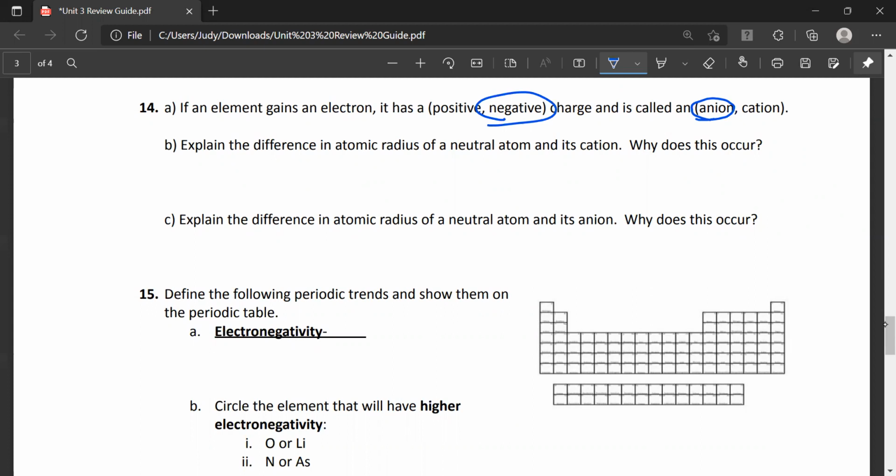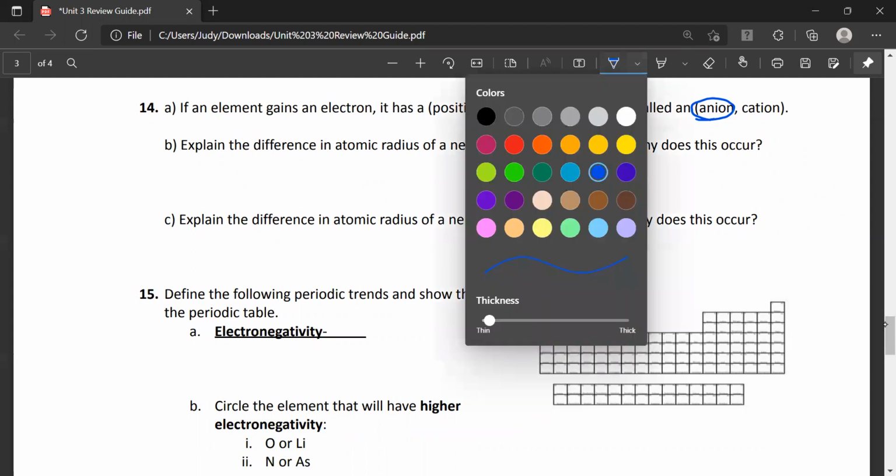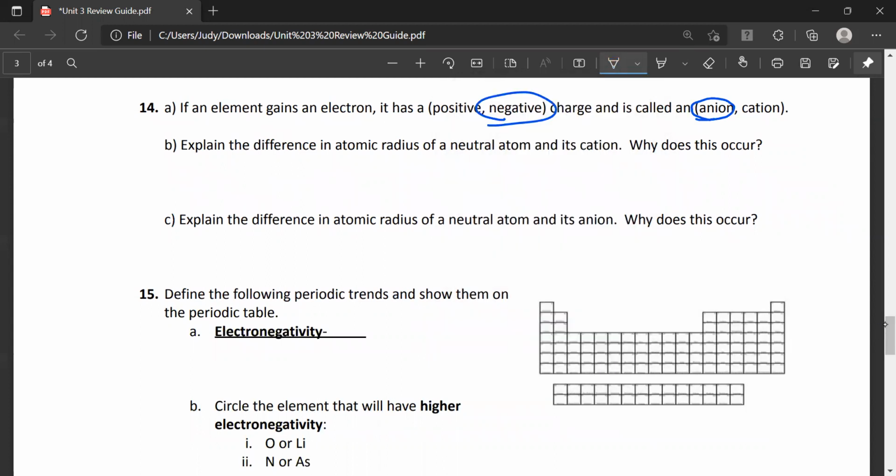Next, explain the difference in atomic radius of a neutral atom and its cation. Why does this occur? So we haven't actually talked much about this one, but it's a very simple question. Basically saying, if we have an atom that has one electron, let's say this is the neutral atom.